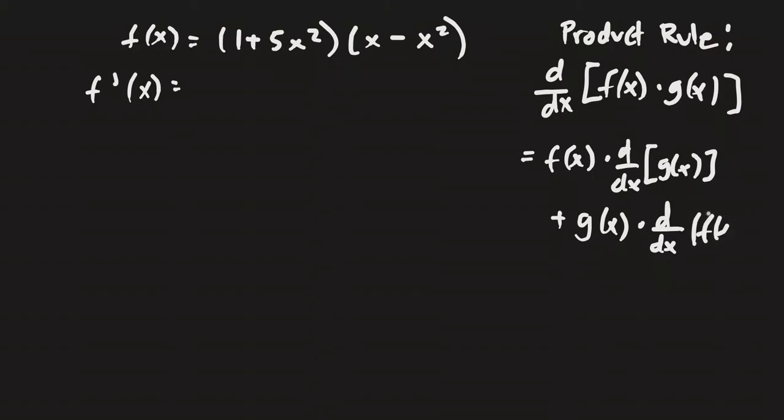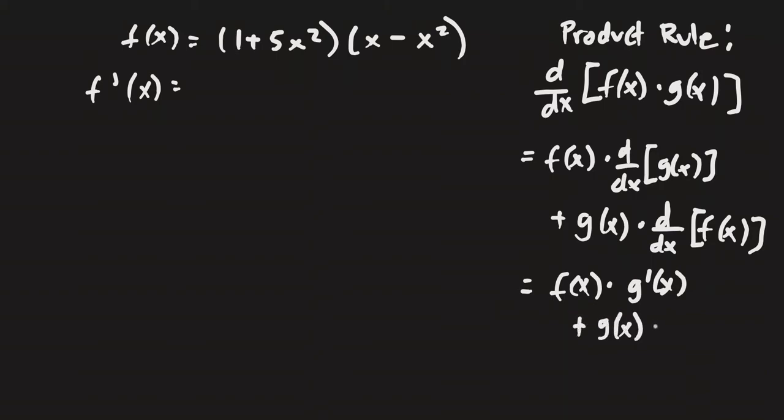And another way you could have written this as well is f of x times g prime of x plus, in a separate line, g of x times f prime of x. These two are equal. But this is the product rule.